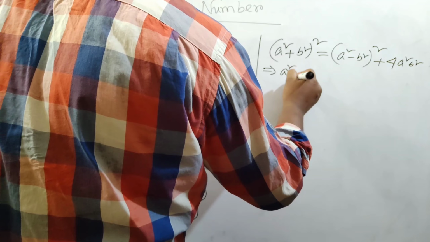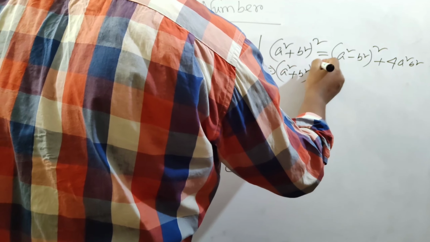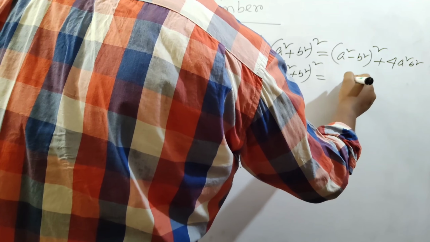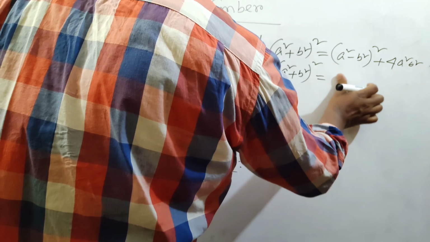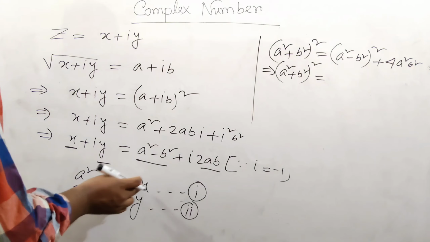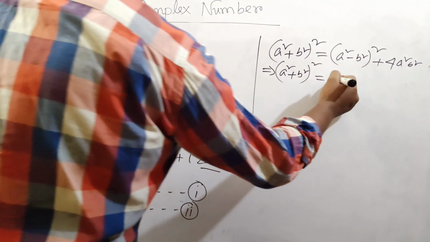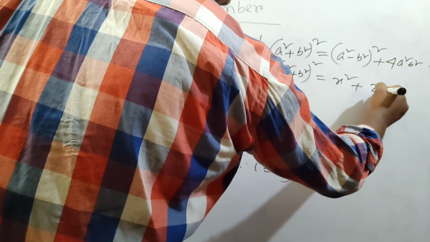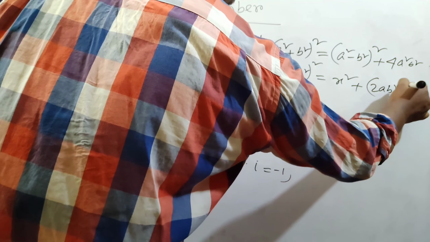So here we can write a square plus b square whole square equals, the value of a square minus b square is x, so we can use x, and we can write here 2ab whole square.